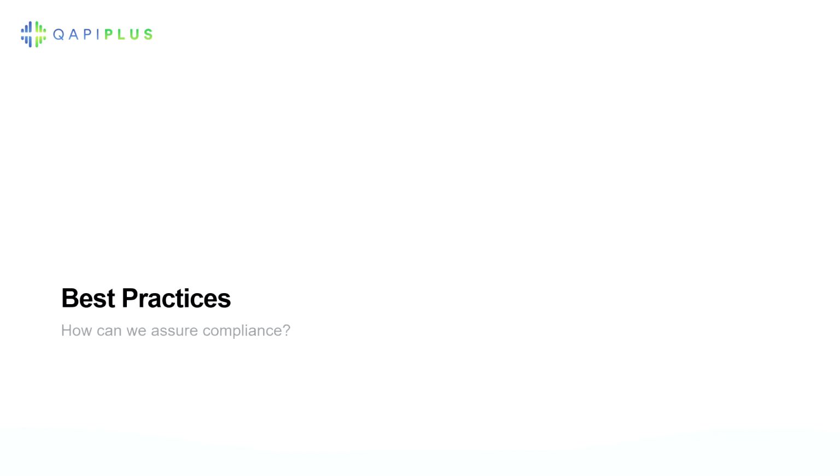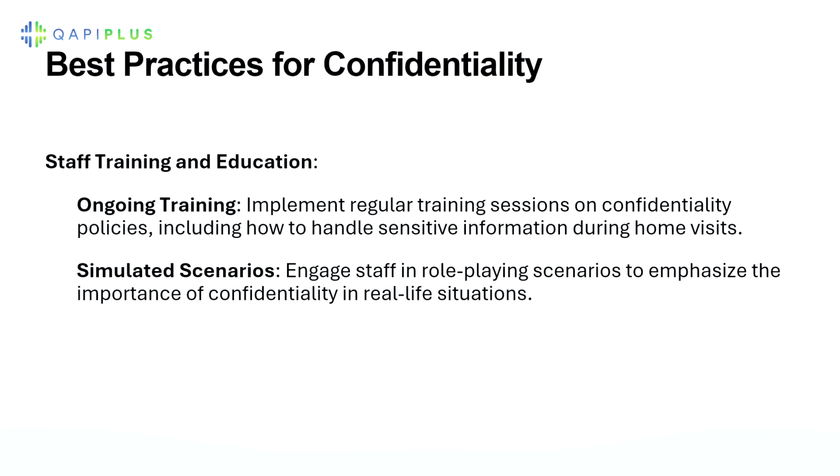So, some of the things that we have to think about are what are some of those best practices to help us with that. Our goal here is compliance, right? Making sure that we're protecting the information of the patient and being compliant with those regulatory requirements that we're all required to follow.